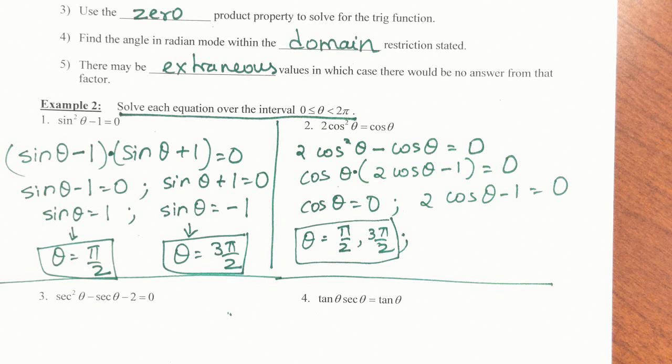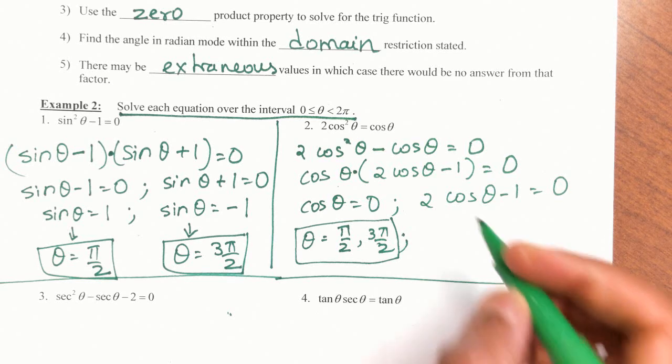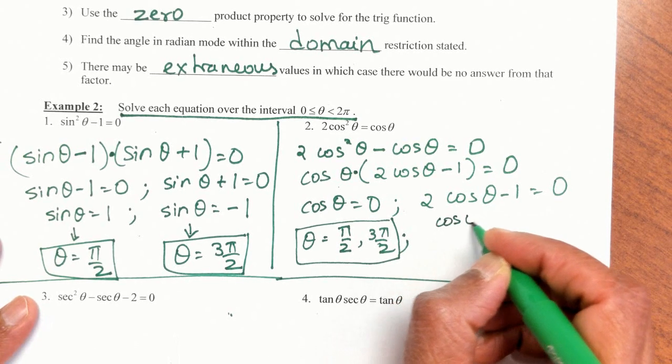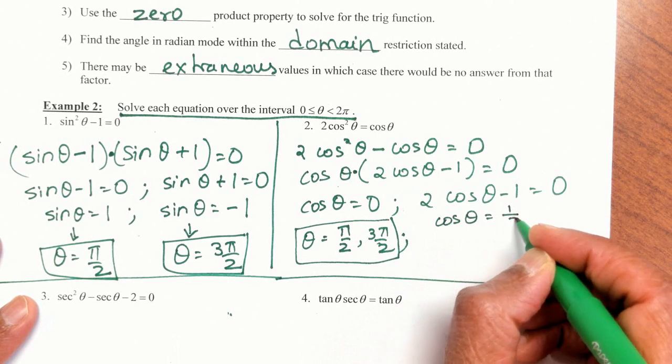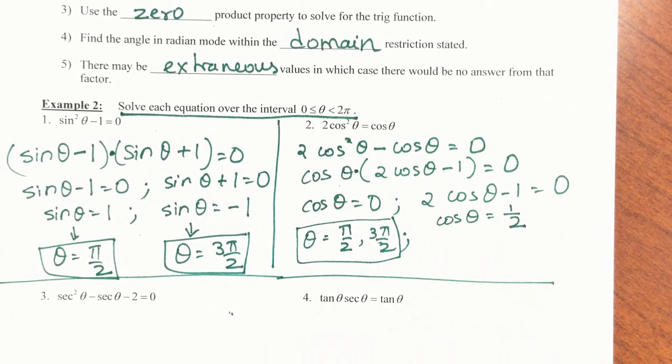How's everybody doing? If 2 cosine theta minus 1 equals 0, that means cosine theta equals half. Everybody good with that? And then you ask yourself, when is cosine theta equal to half?